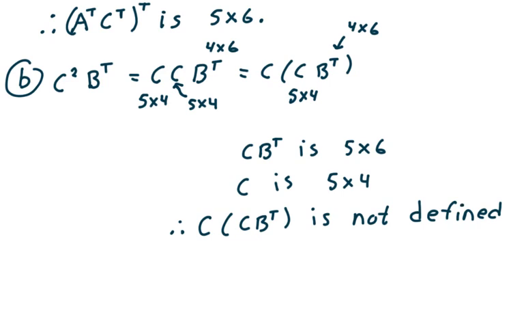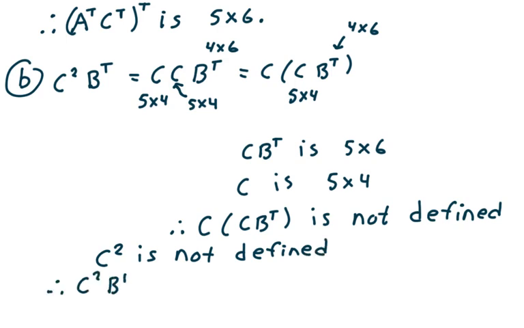I hope that makes sense, because CB transpose is defined in the beginning, but the minute you multiply CB transpose on the left by C, we got an issue. And it doesn't make sense. And then similarly, C squared is not defined. And we could even do this shorter. C squared is not defined, therefore C squared B transpose is not defined. That's fine. Totally fine.